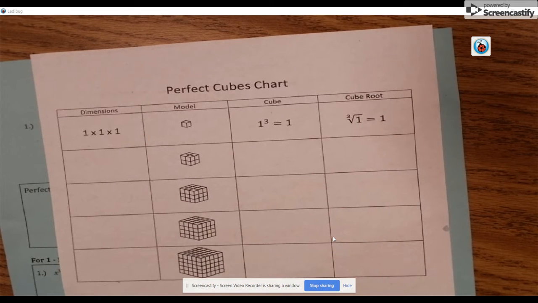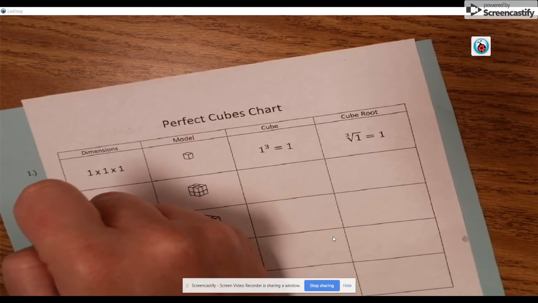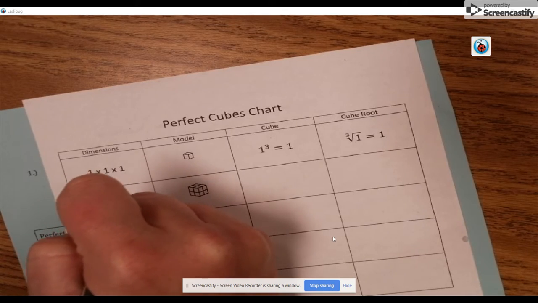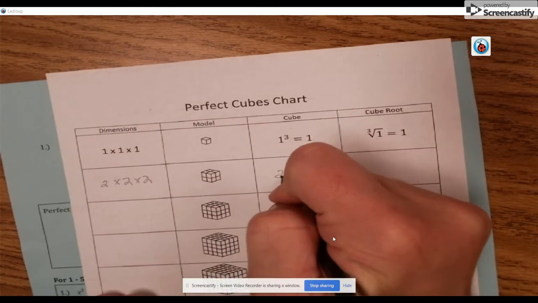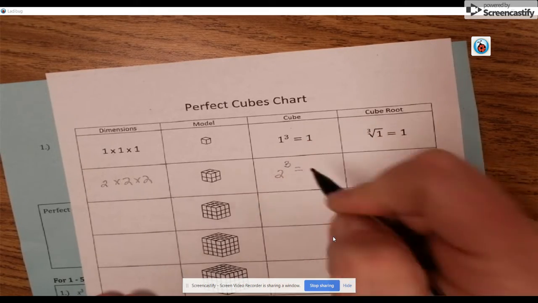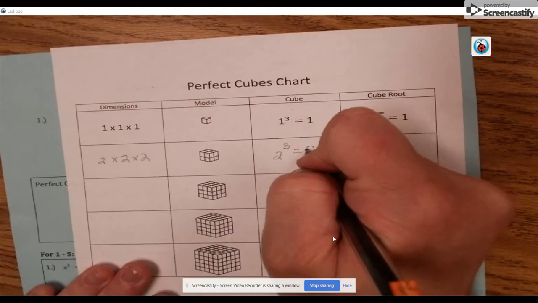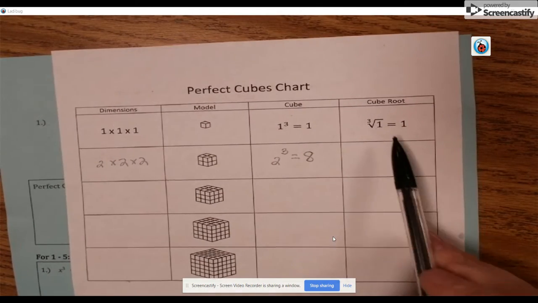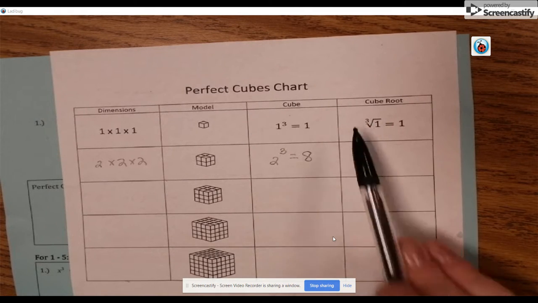Just like we did before with square roots, make sure you're really emphasizing the language piece. Next up, we've got a 2 by 2 by 2 cube. So again, we're going to say this is 2 cubed equals, and we know 2 times 2 times 2 is 8. And this symbol right here, the radical symbol with the 3, is our cube root symbol.